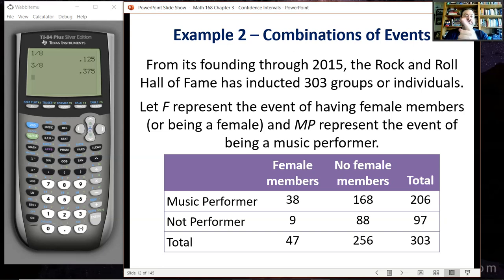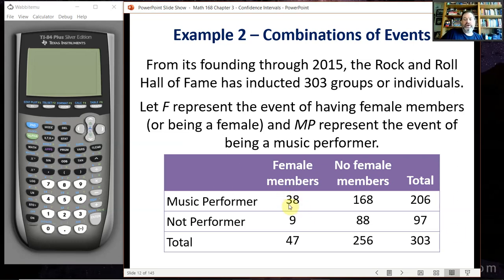We're going to call one event F, and that's the event that the band has female members, or if it's an individual, that the individual is female. And we're going to call MP the event of being a music performer. And the table at the bottom shows the data. So this is a frequency table. It's a two-way table. So we can compute relative frequencies, right? That's what we want to do.